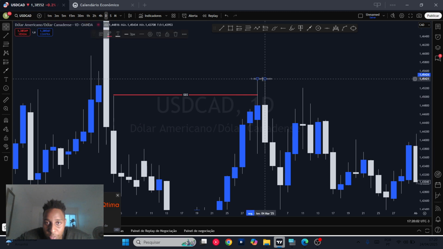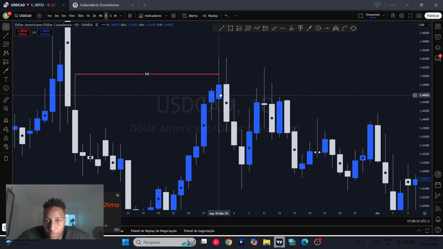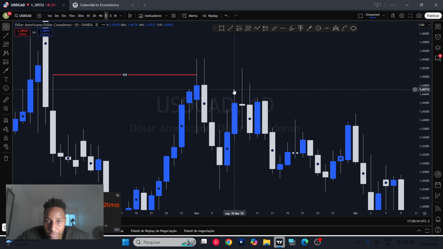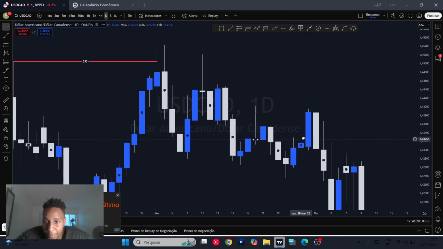This high was made and then price took the liquidity of this high and then fell. The same thing happened right here. This high was made, price took the liquidity of the high and then price fell. The same thing happening right here.